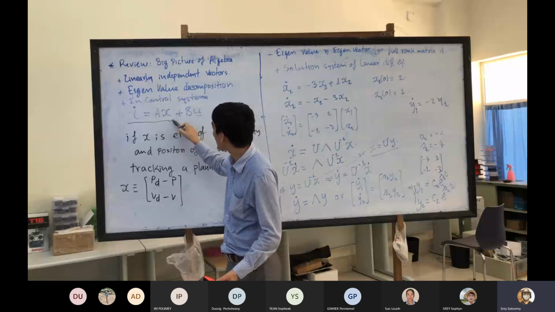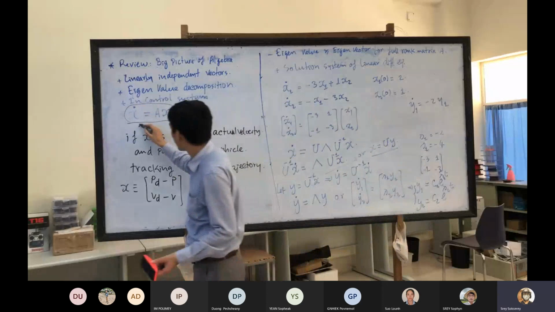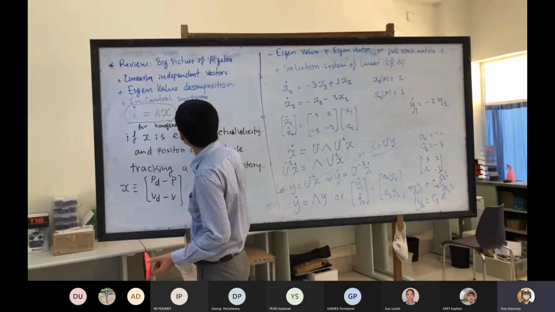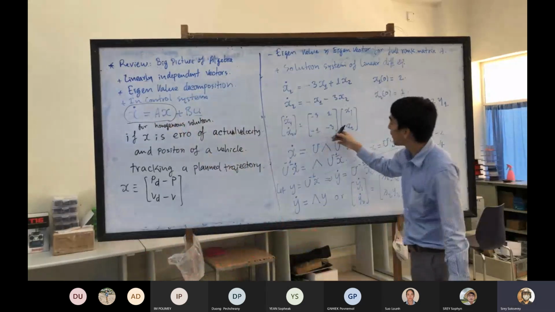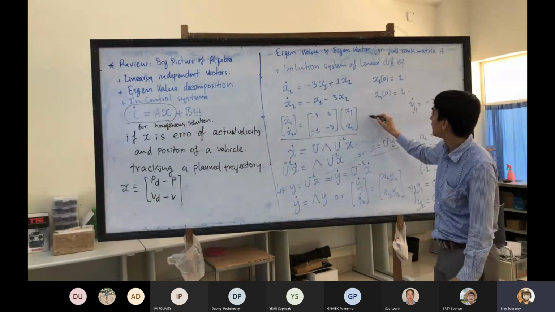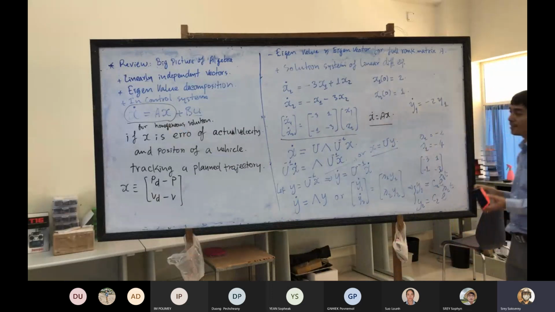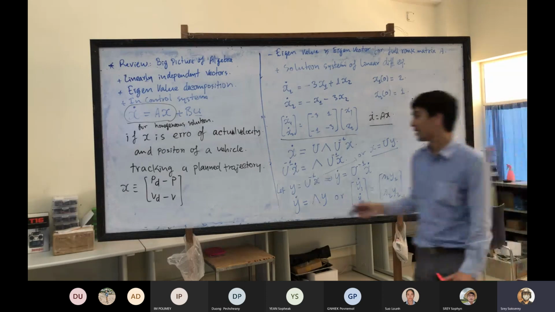For the homogeneous solution, we only care about this part, just like here. This is x dot equal to Ax. So when you solve it, you get x1, x2 equal to this.